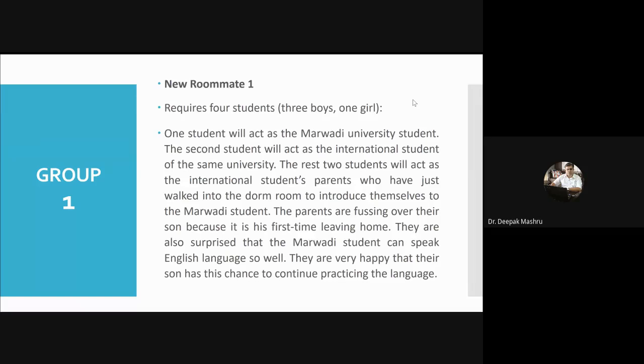Fine. Okay. Now, likewise, I have 8 groups, right? So what I shall do is share the screen of the Excel file so that you can get to know how the groups will be formed. I wish that everybody should have a pen and paper.